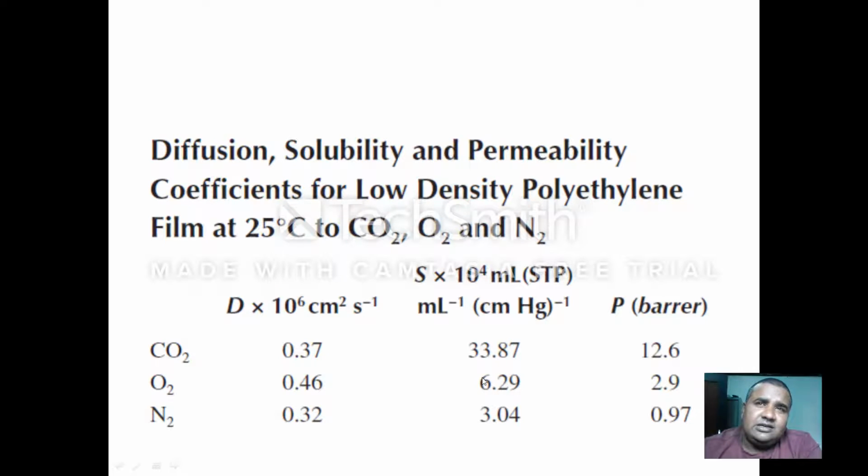Some people say that carbon dioxide dissociates to form carbonic acid on the surface if some moisture is present. Some people say that oxygen does not split into another. So there are so many theories. That is not our job. For the sake of this lecture, I'll say this: keep in mind the solubility of CO2 is higher. Despite being a low D value, it indicates a high P value.